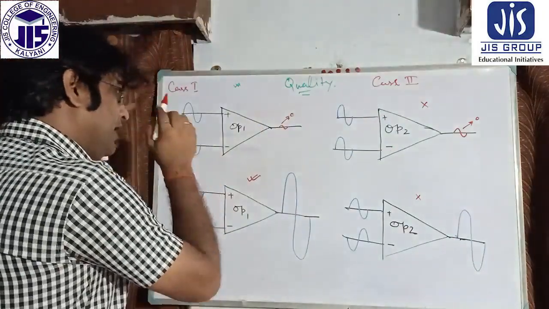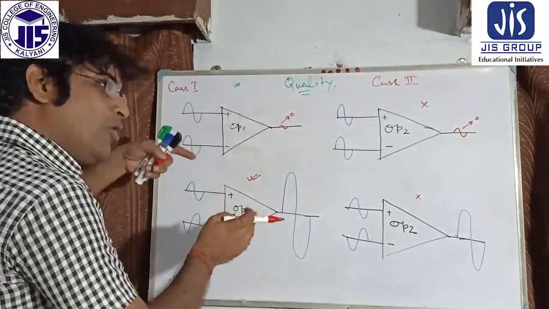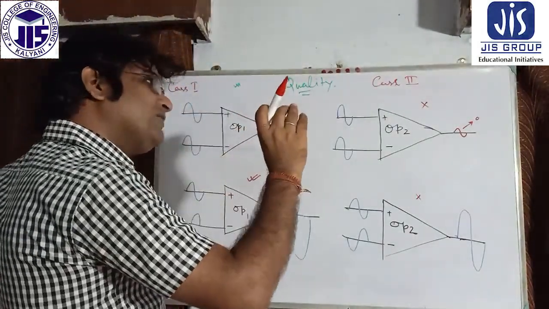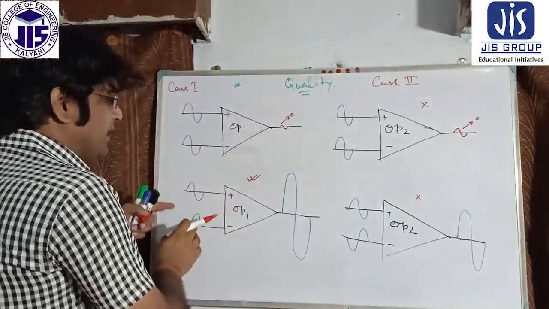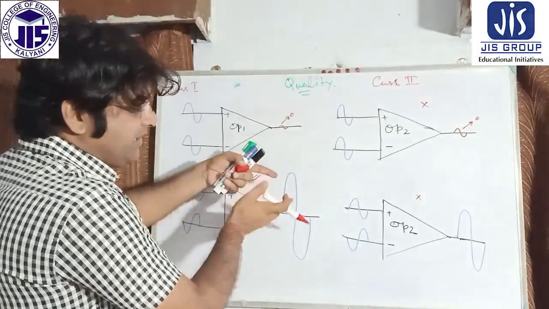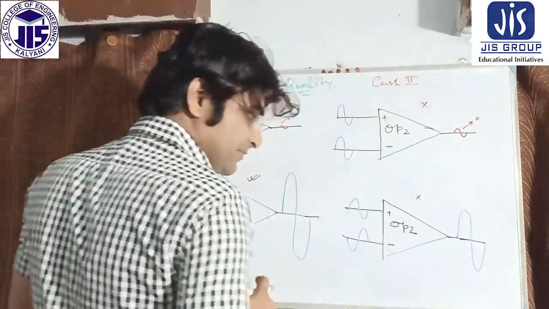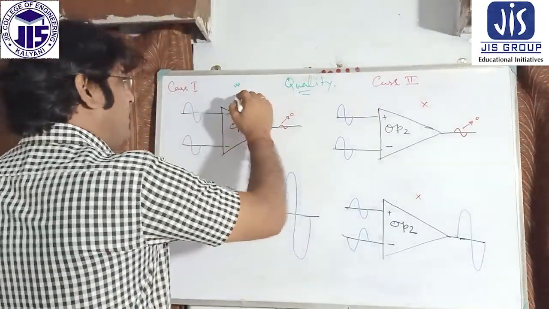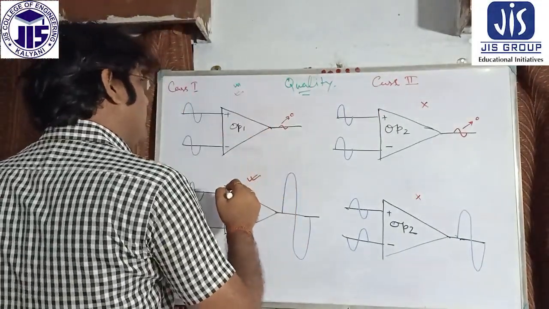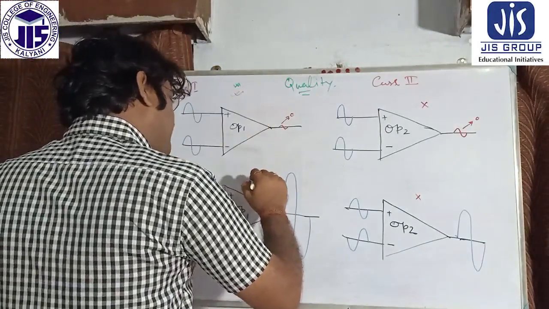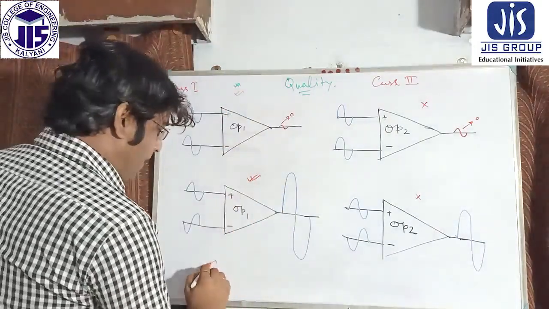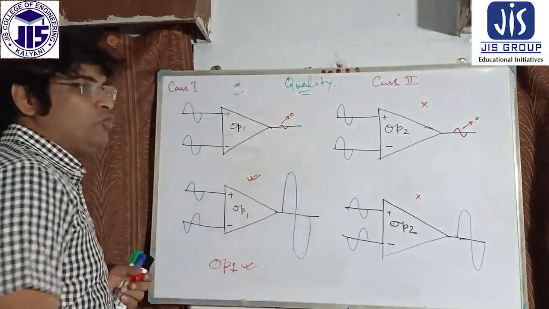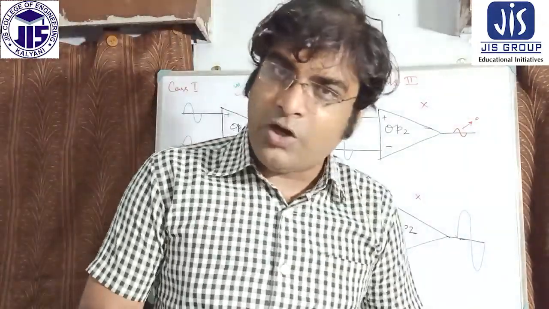In the common mode it gives a very nominal output, but in the difference mode it gives a huge output. So on the considerations of quality, for both experiments, op amp 1 is better than op amp 2.